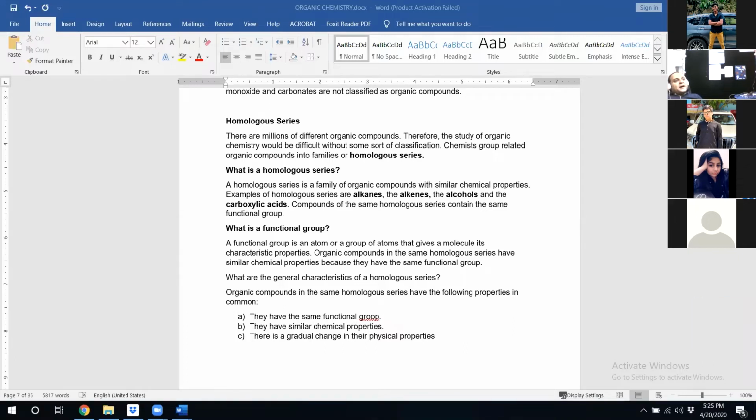So if we go back to the basics in the bonding chapter, first of all, we need to know which group of compounds these organic compounds belong to. Is it ionic compounds? Is it covalent compounds, or are they metals?